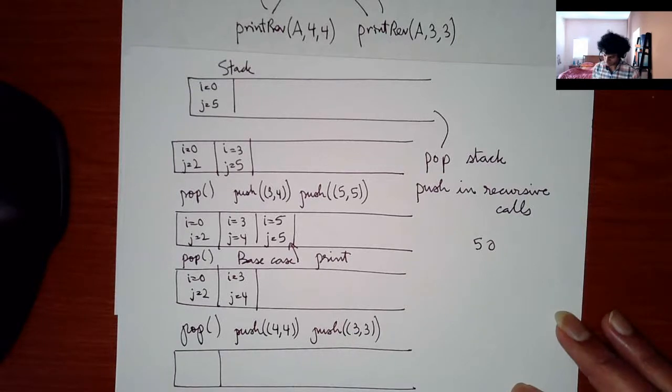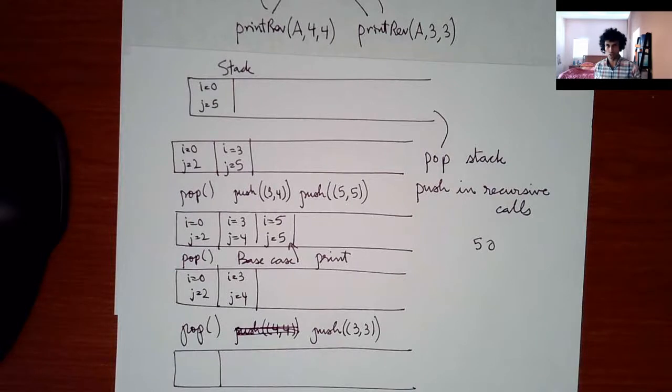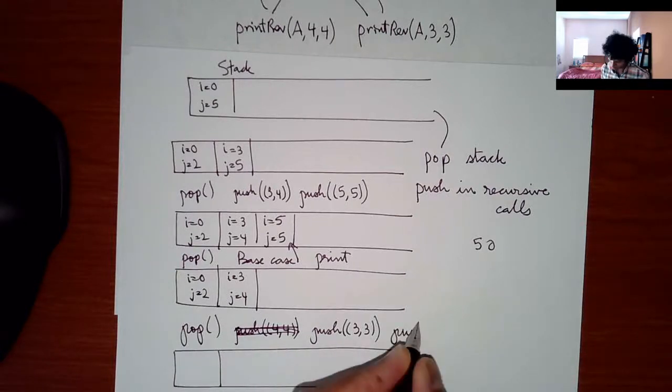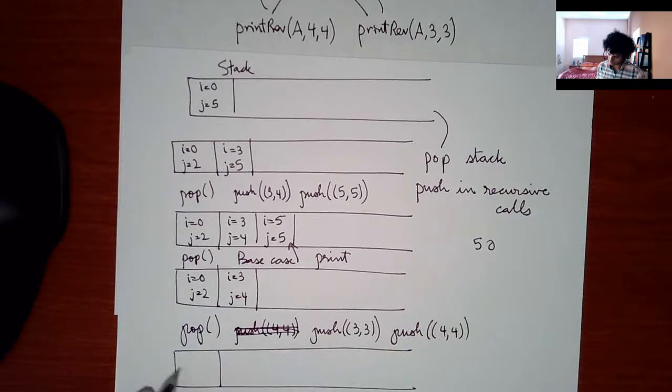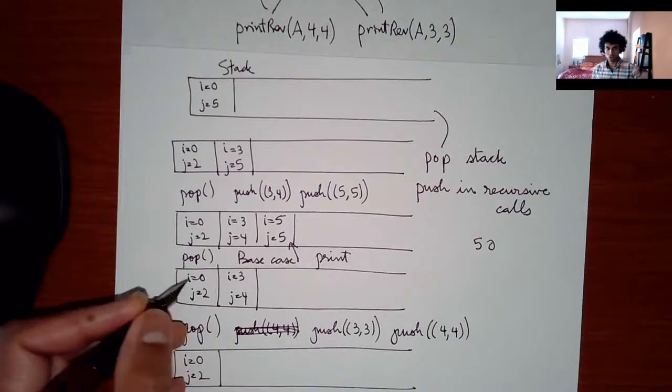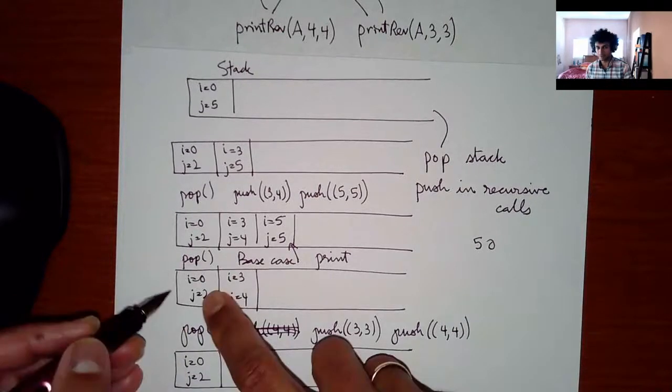I'm sorry, the other way around. My apologies. I always push the second call first and push 4, 4, right? So I still have i is equal to 0, j is equal to 2, right? That's already there. So the stack remembers that you haven't finished this one yet.